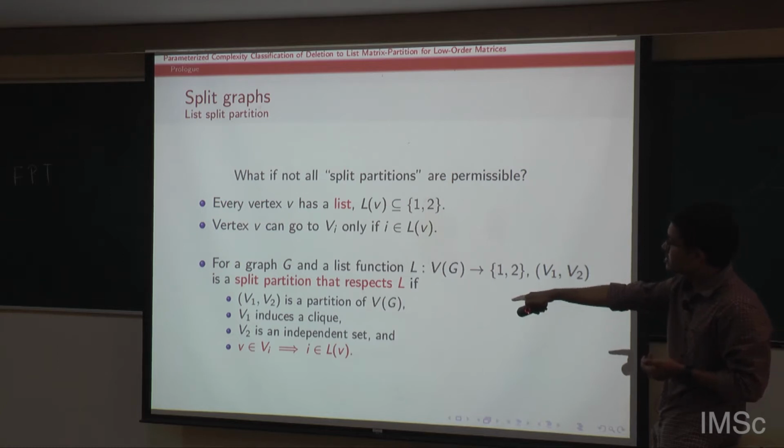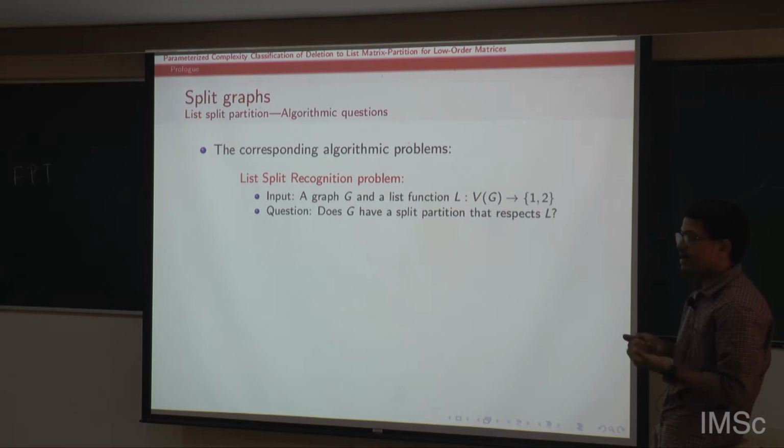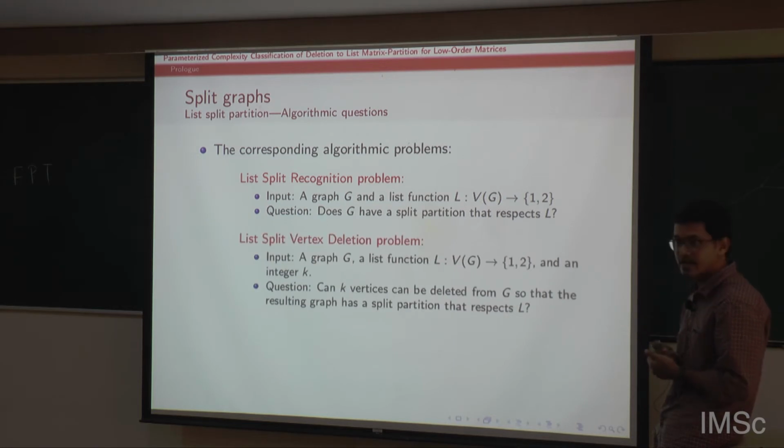That is, the vertex v can go to part Vi only if i is there on its list. And again we get two computational questions. One is the recognition problem and the other is the deletion problem.